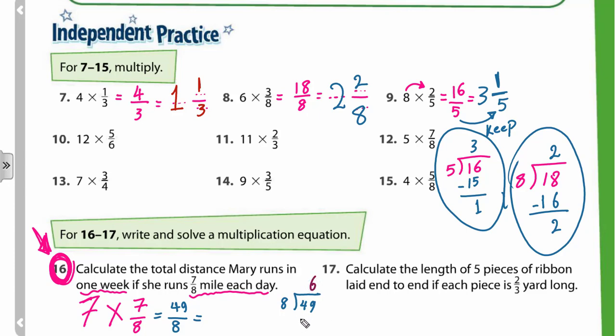6 times 8. Yes. 6 times 8 equals? It's going to equal 46. No. Wait.